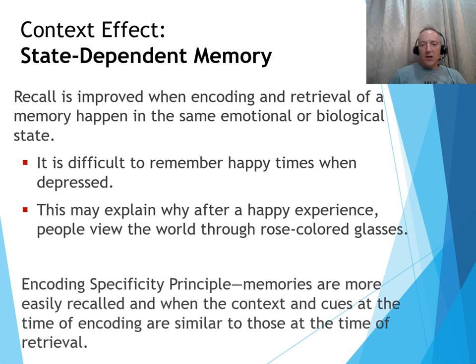So these are examples of what's known as the encoding specificity principle. The encoding specificity principle states that memories are more easily recalled when the context and the cues at the time of encoding are similar to those at the time of retrieval.